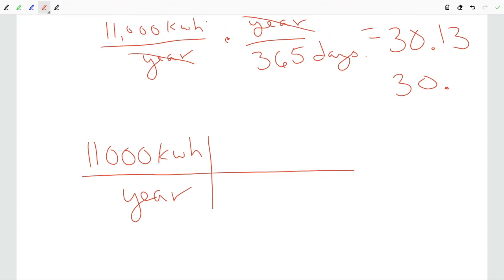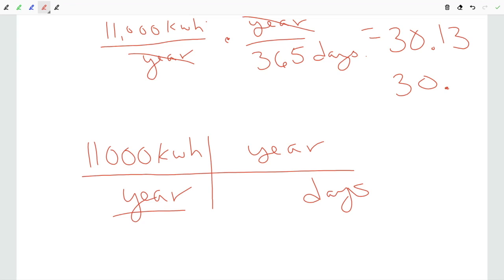This is just a fraction. And then we know that we want to convert years to days. And in order to cancel out the year that's on the bottom over here, we need to put a year on the top over here and days on the bottom. But we can't just multiply this arbitrarily by anything we want to.